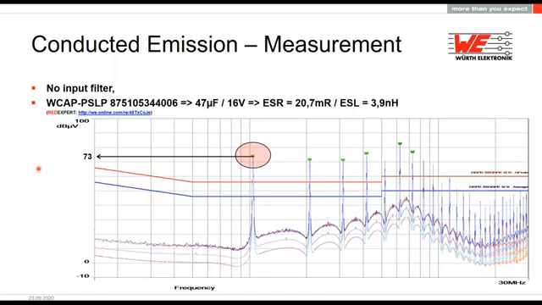I'm going down to 73 dB microvolt. So of course I did not pass the test, but just changing the technology, one component, can influence the EMI behavior. And in combination, when I now do some filtering, I can pass the conducted emission test.